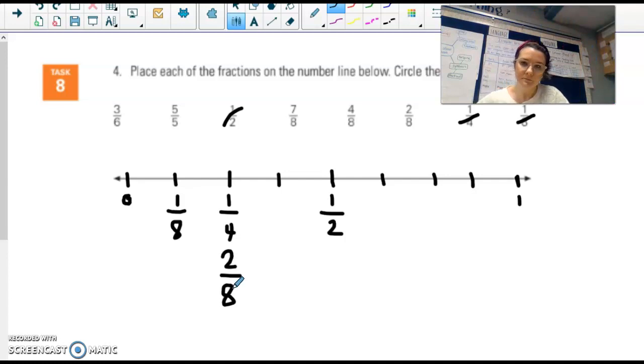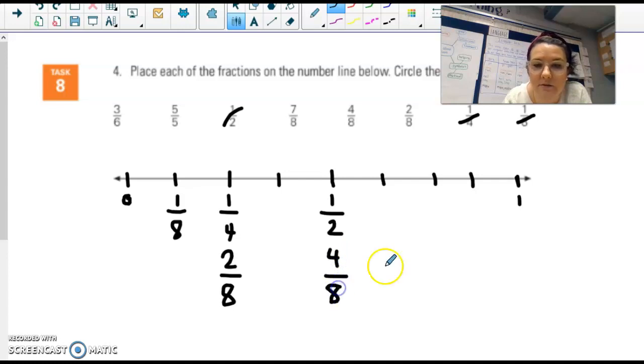All right, so I don't have to label 3/8, but it would go here, and then 4/8. Again, 1/2 is equivalent to 4/8. 4 is half of 8, so that makes sense. 4/8 is equal to 1/2. Okay. All right, so then I'd have 5/8, 6/8, 7/8, and that makes sense because 8/8 is equal to 1 whole, so that's 1 before the whole.